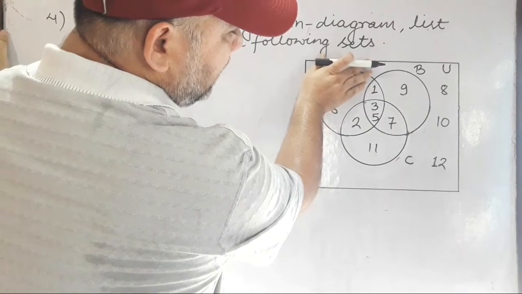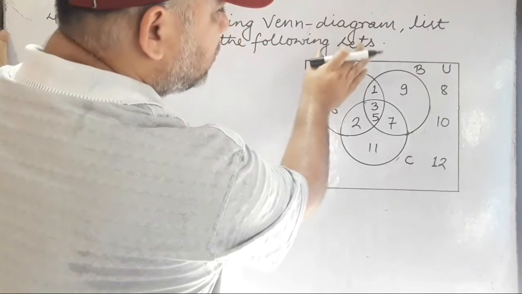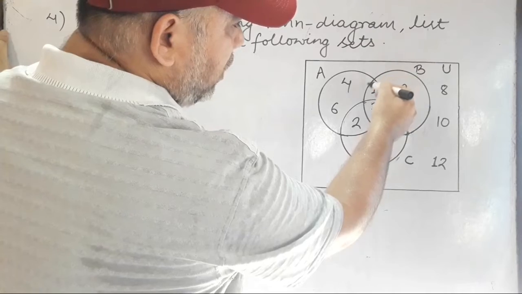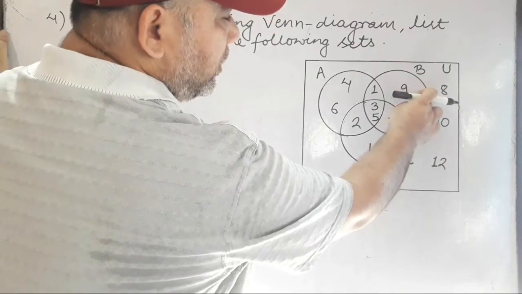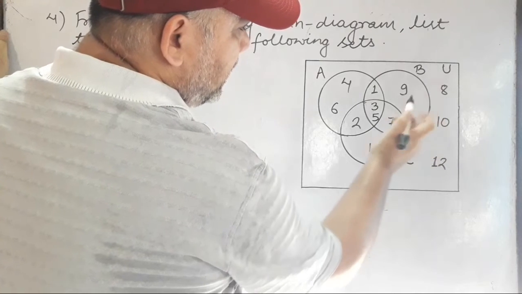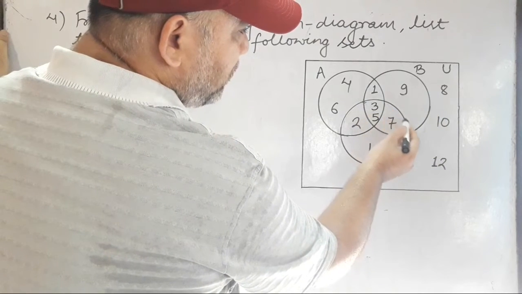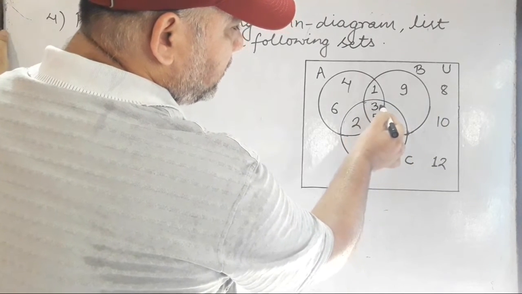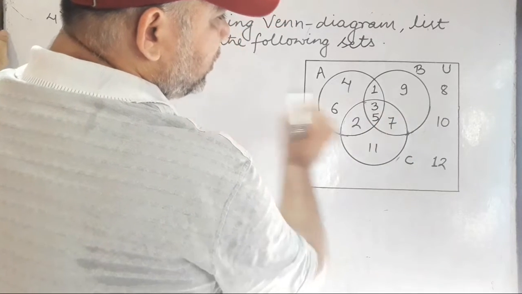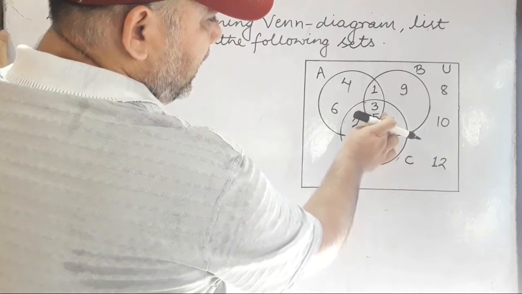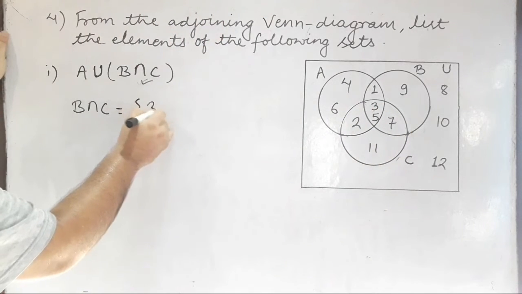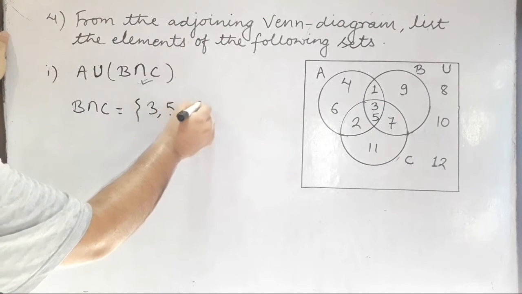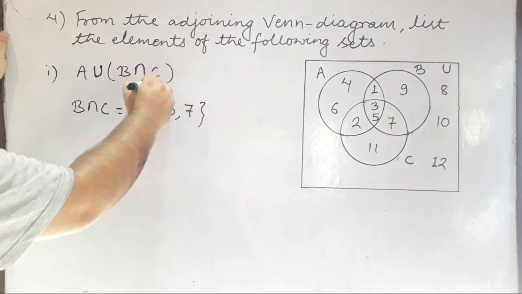Ignore the set A. You think that there is no set A. Let us focus only upon set B and set C. They have got this intersecting part where the elements 3, 5 and 7 lie. So B intersection C has got the elements 3, 5, 7. Okay, we got this set.